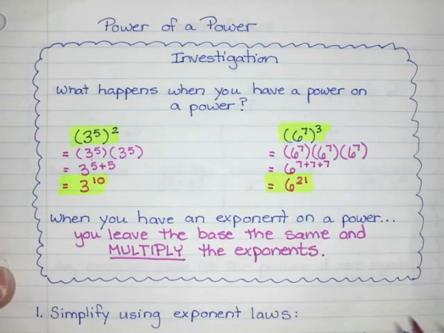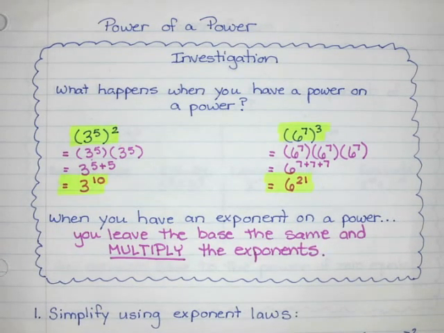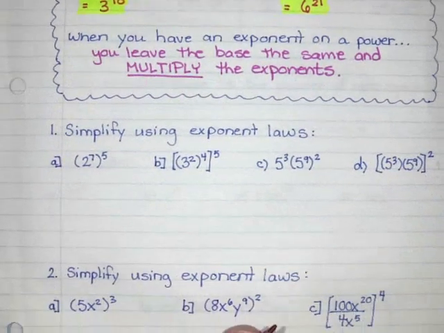So when you have a power that has an extra exponent on it, you leave the base the same and you multiply your exponents together. So we're going to try 4 examples of that just to see how it goes.